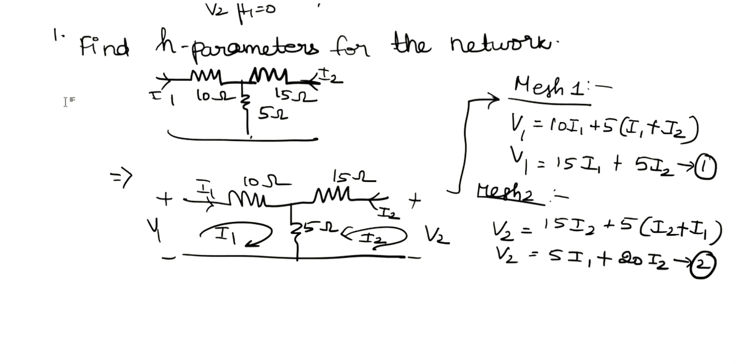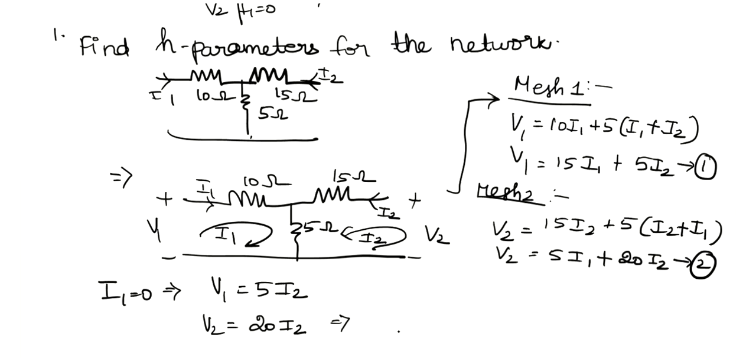The first thing I am doing is making I1 equal to 0 in both equation number 1 and 2. While putting I1 equal to 0 in equation 1, I am getting V1 equal to 5 I2, and here V2 will be equal to 20 I2, since I1 is 0.